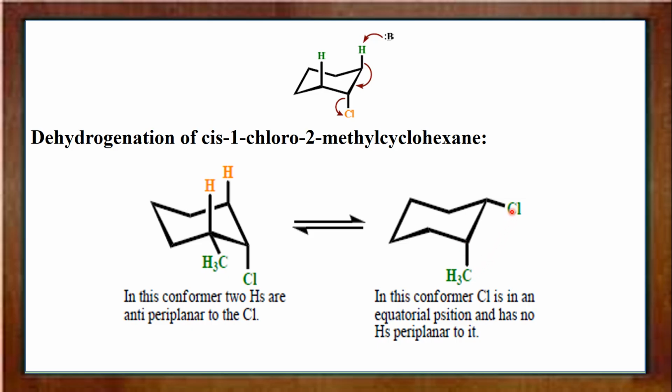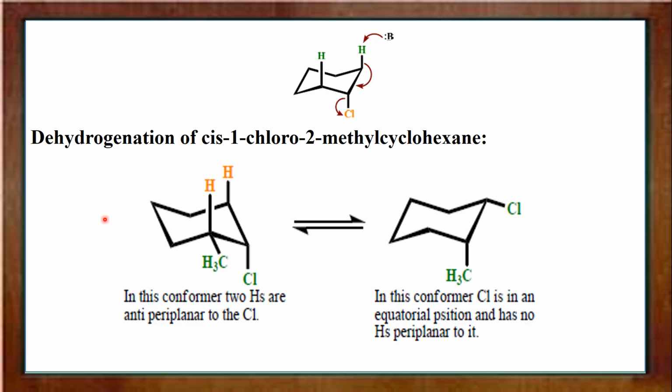Here when the leaving group chlorine is oriented equatorially, so when a leaving group is oriented in the equatorial direction, it can neither be syn-coplanar nor be anti-coplanar with any of the beta hydrogens. Therefore, elimination from this conformer is ruled out.